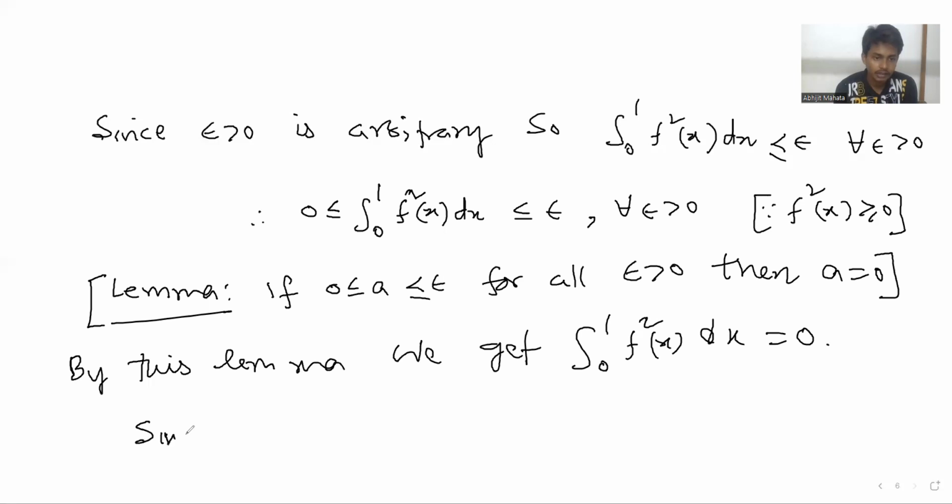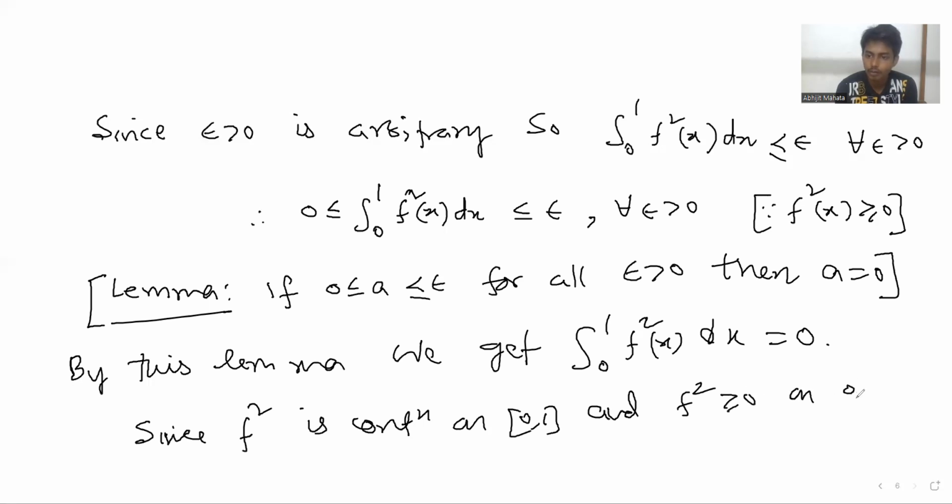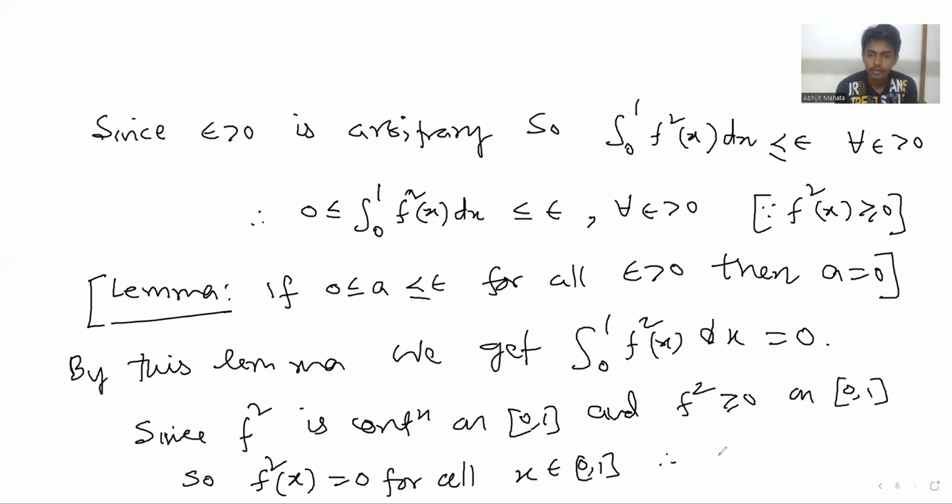Now since f is continuous on 0 1, f square is continuous and greater than or equal to 0 on 0 1, so the function f square x equals 0 for all x belonging to 0 1. So we get that f x equals 0 on 0 1.